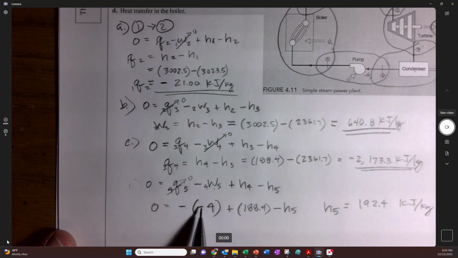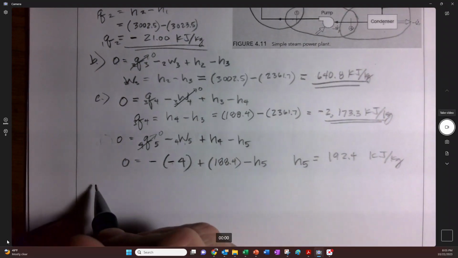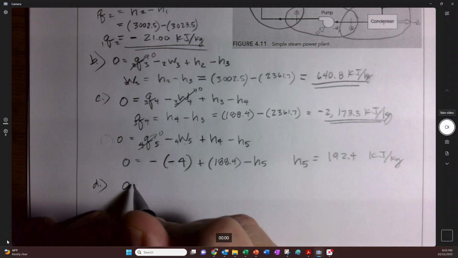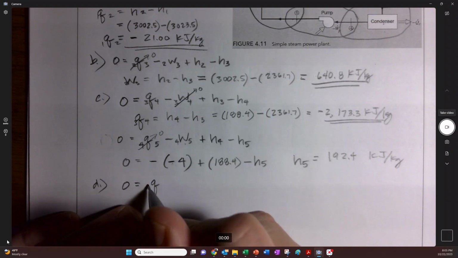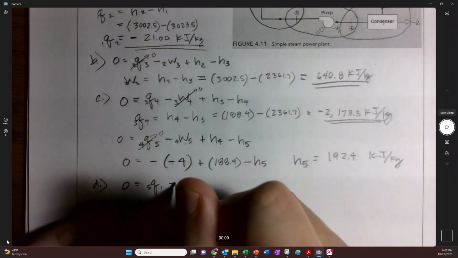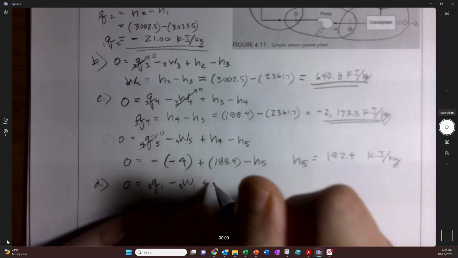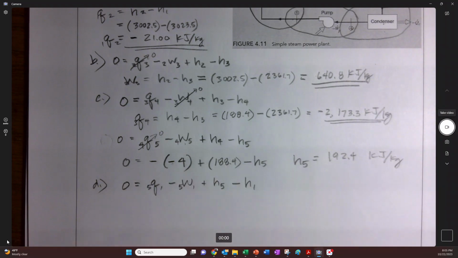And remember that negative, we added as a negative because it was, I know it's weird. And then, okay, the last one, D, we're going to see what the boiler does. And so that's going to be Q 5 to 1, which always makes it weird. And W 5 to 1, 5 is going to be the input, 1 is going to be the out.